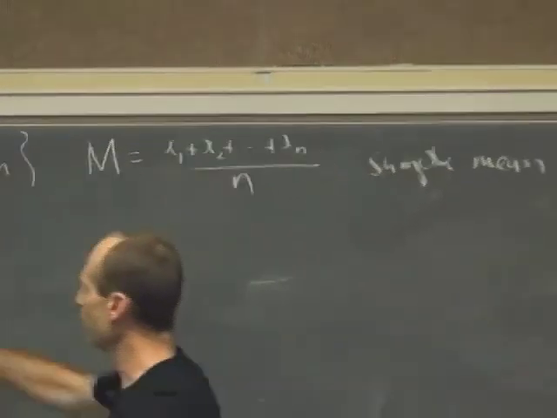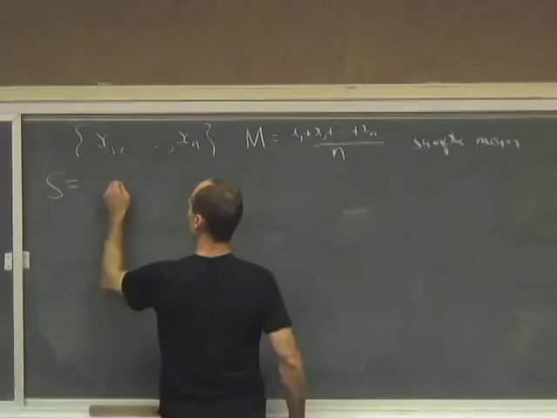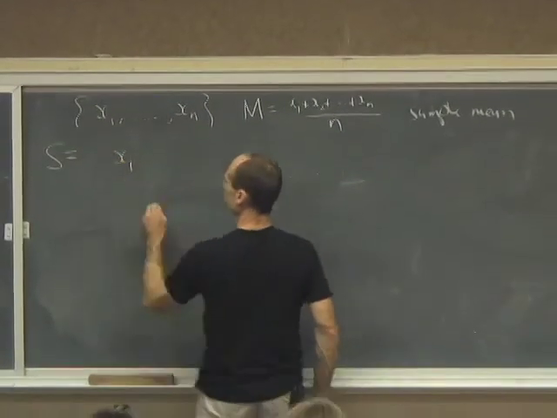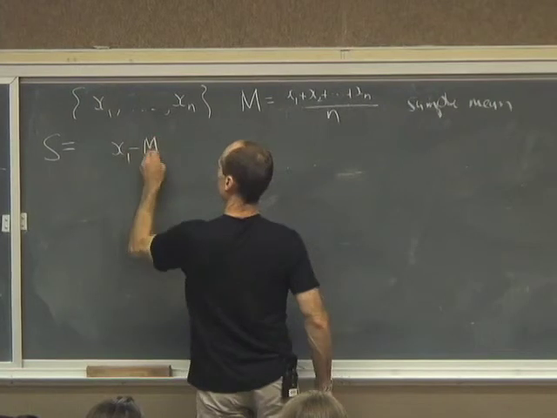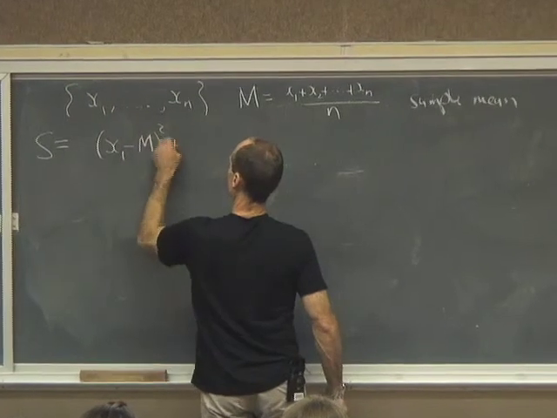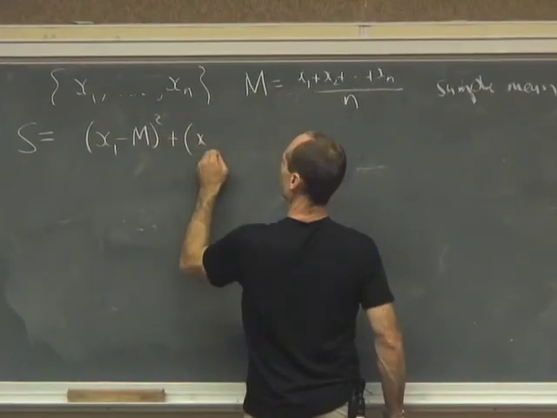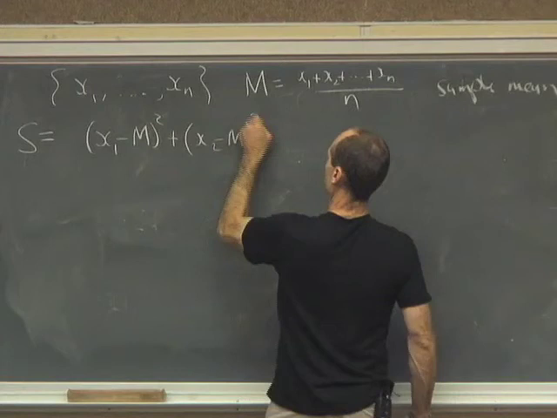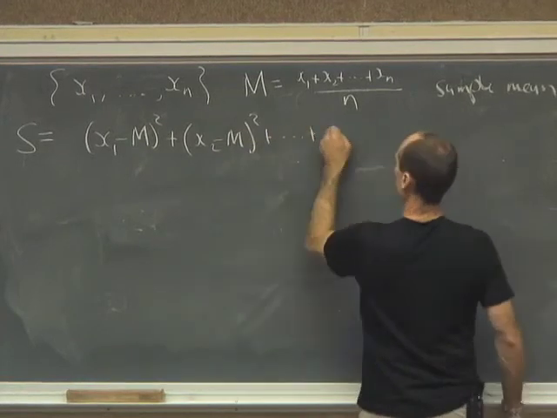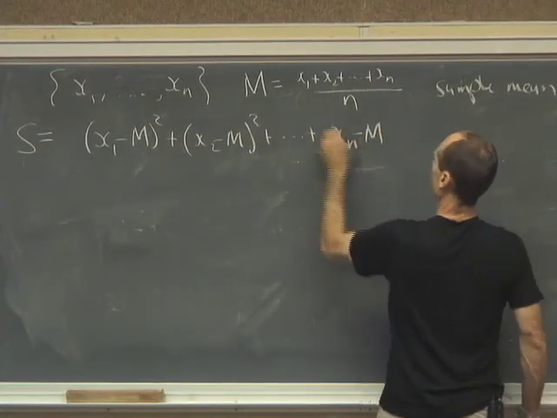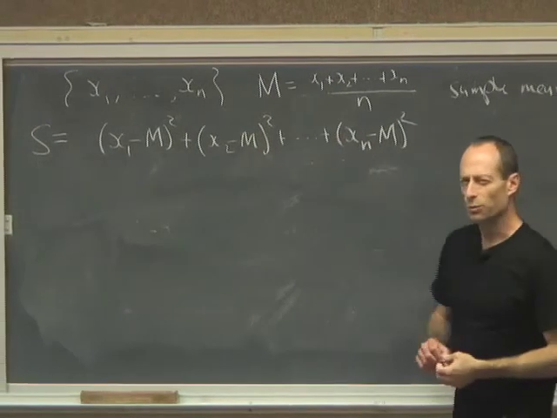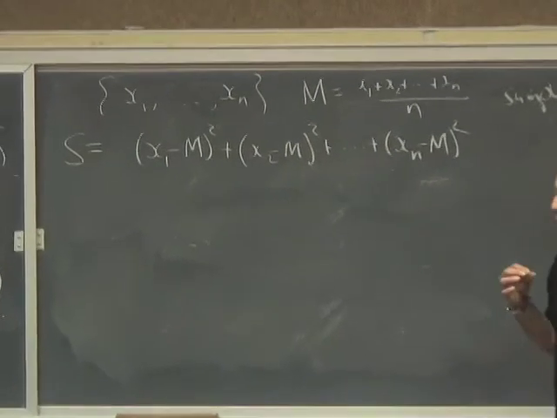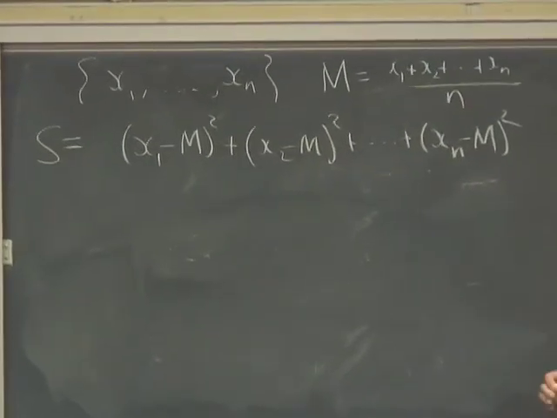Then the way we form S is we start by taking the residuals between the data and the sample mean, squaring them. Okay, and we want the RMS of the residuals.